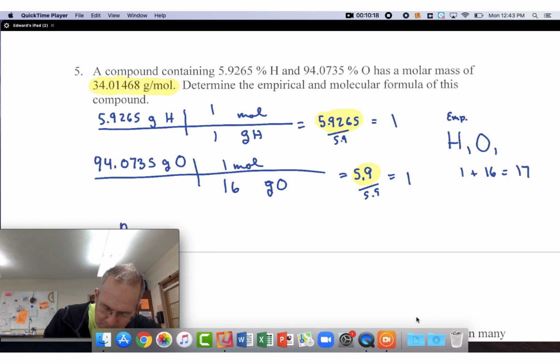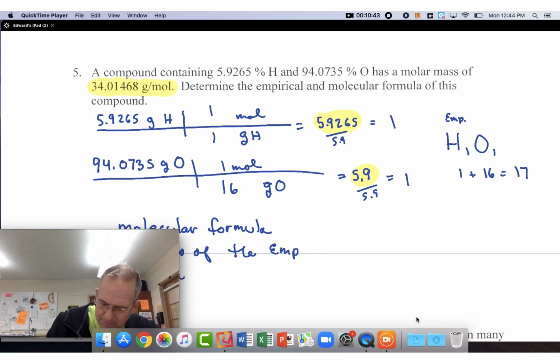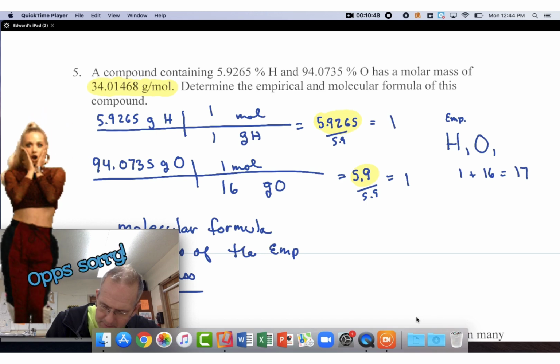So this is for the molecular formula. First, find the mass of the empirical. Then take the molar mass, they'll give it to you, divided by the empirical formula mass.